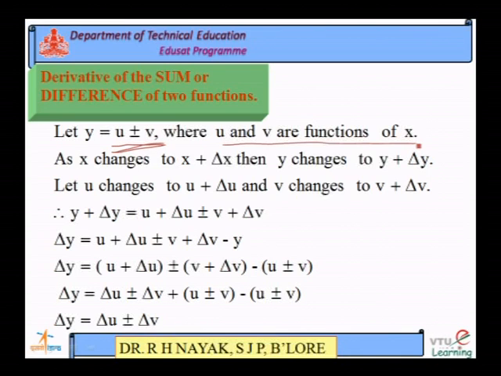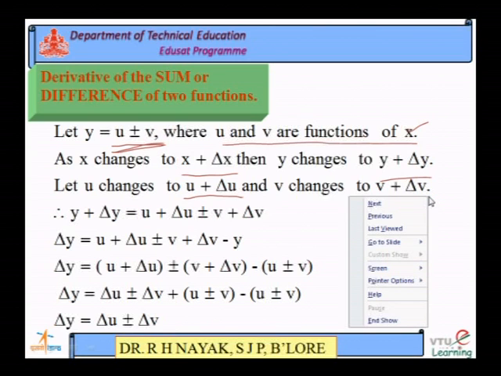You go according to the first principle method. What the first principle method says, in the first step you have to take x as x plus delta x, then y as y plus delta y. When x changes to x plus delta x, y changes to y plus delta y, automatically your u and v, they are functions of x, hence they also change to u plus delta u and v changes to v plus delta v.